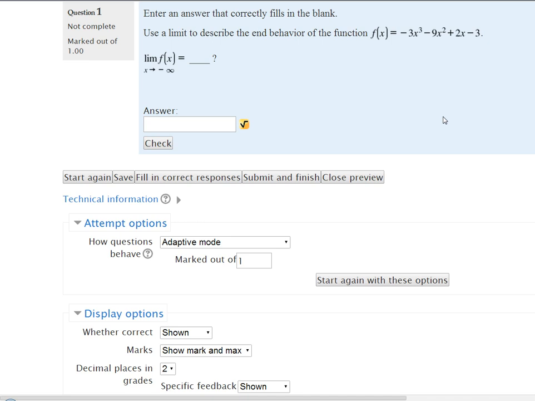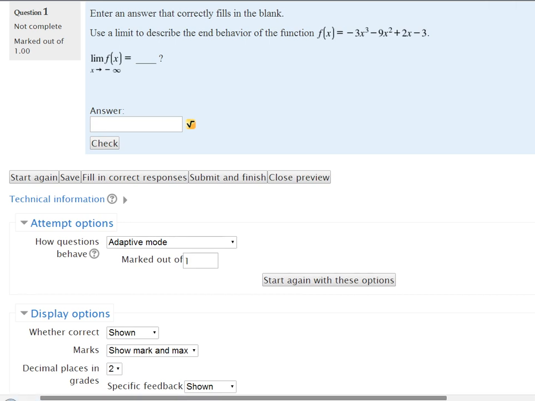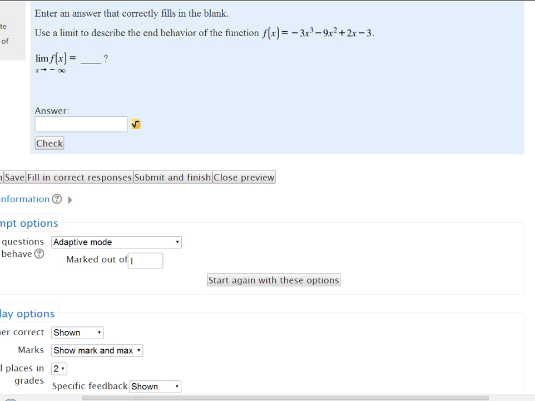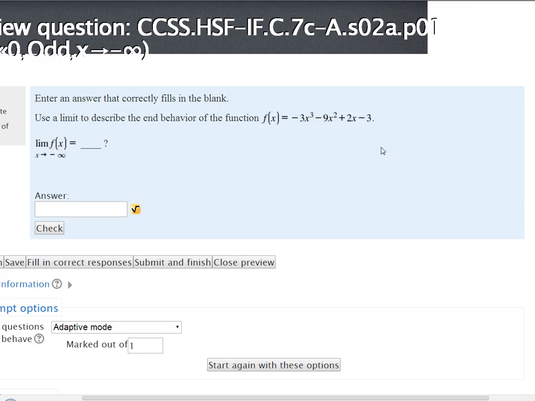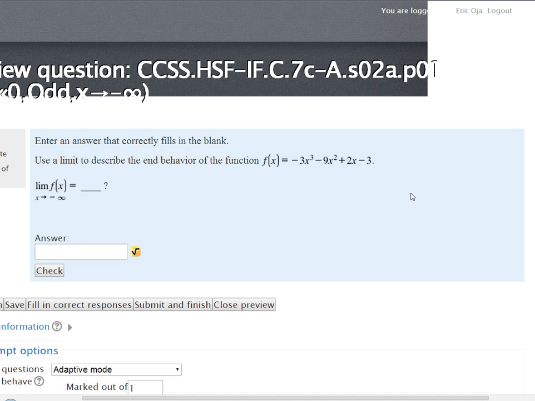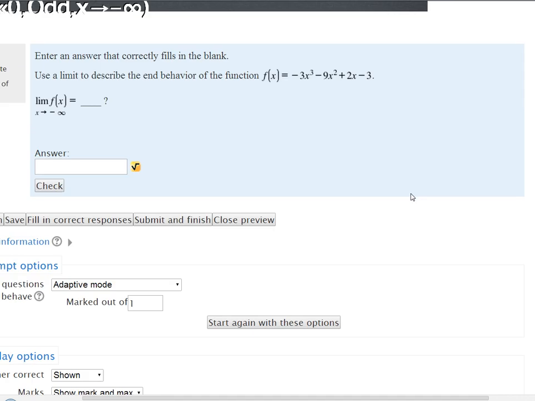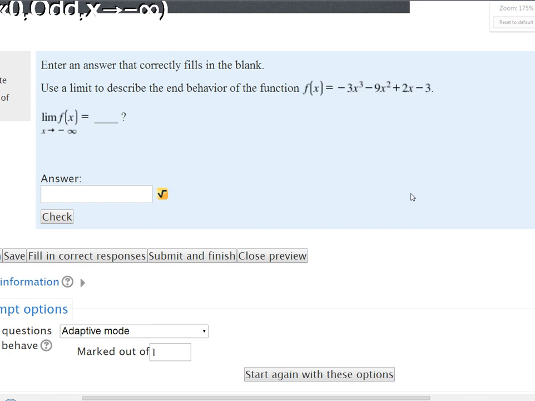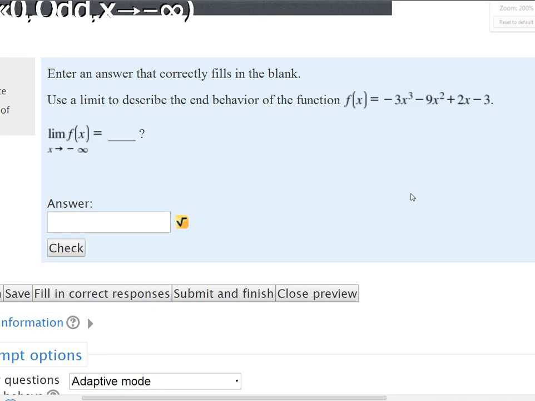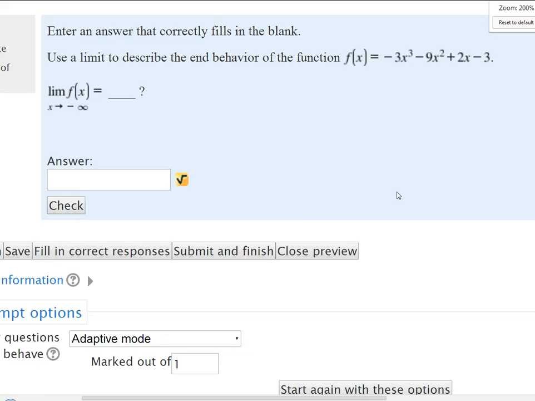Can everybody see that? This one's asking for, I can make this a little bigger, I guess. There's f of x. Okay, it wants to know what's the limit of f of x as x approaches negative infinity.